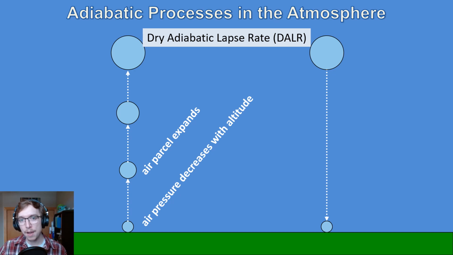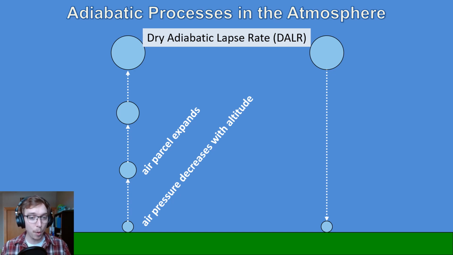If we have an unsaturated parcel of air, that is changing at what we call the dry adiabatic lapse rate, or DALR. Now, the key distinction here is that if air is unsaturated, it moves at the dry adiabatic lapse rate. It just has to be below 100% relative humidity. If it's at 100% relative humidity, it is fully saturated, and then you use the saturated adiabatic lapse rate, which we'll talk about here in a second.